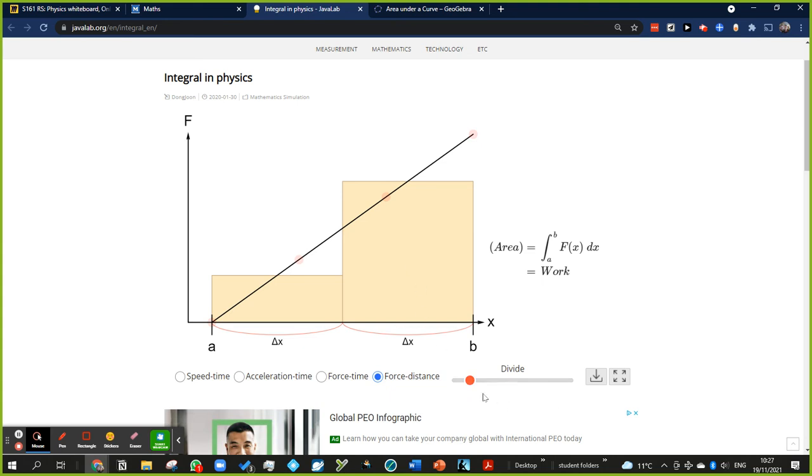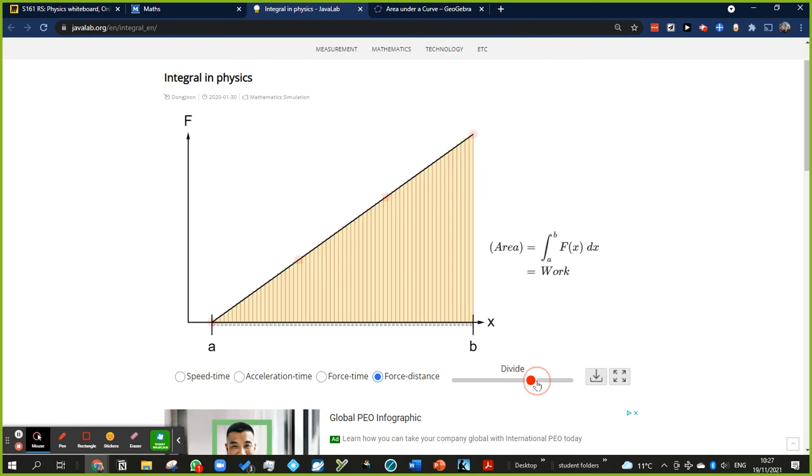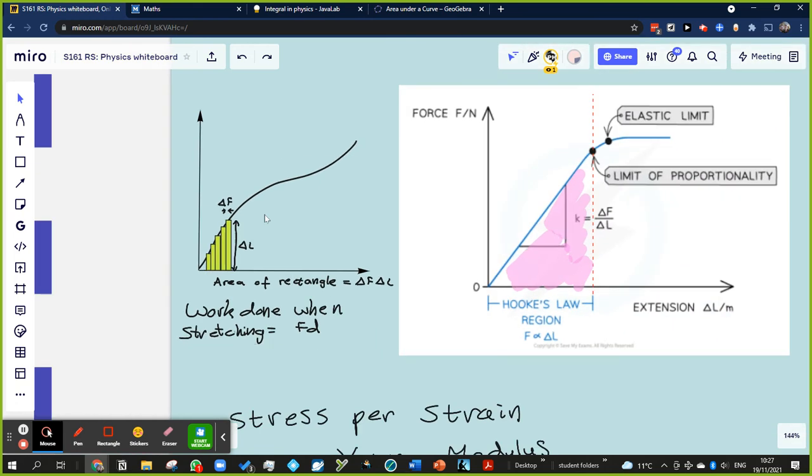So you can see if I make these rectangles smaller, it approximates more and more the area underneath the curve, until eventually, with infinitely small rectangles, it is in fact the area underneath the curve or line. So for a force against extension graph, the area underneath the curve really is the work done on the spring and also the energy stored within the spring, the elastic energy.